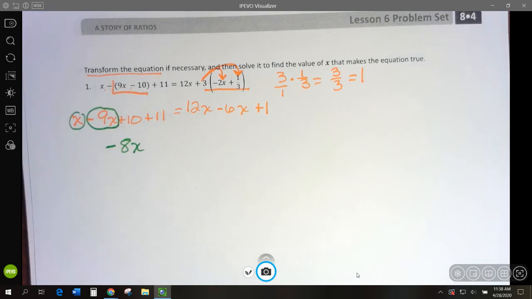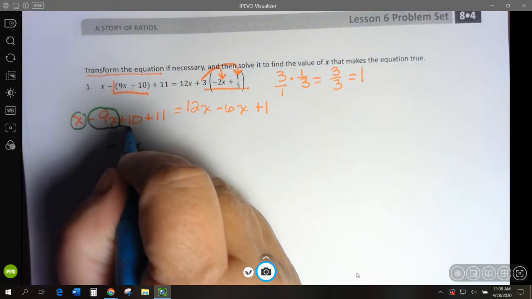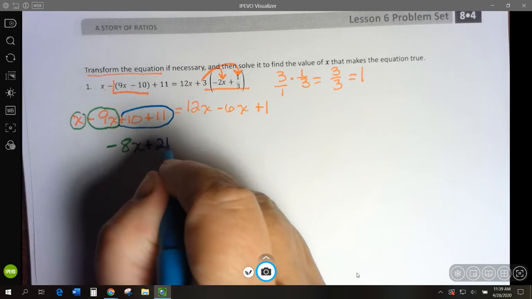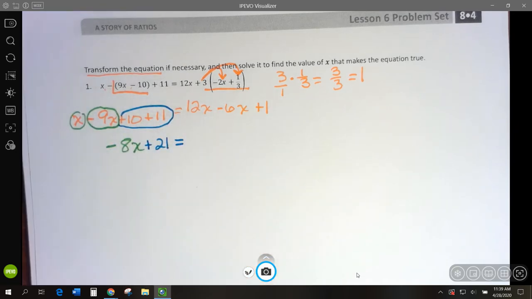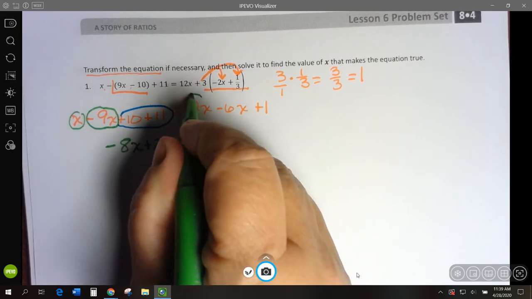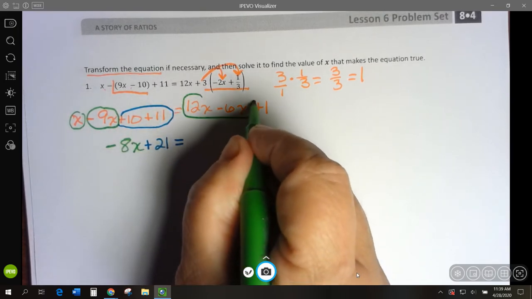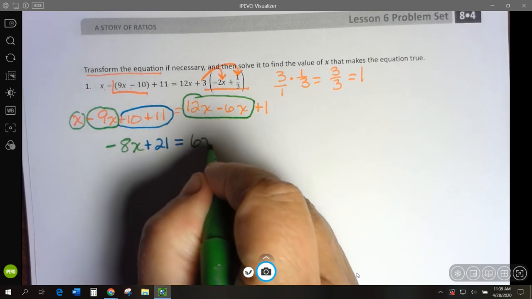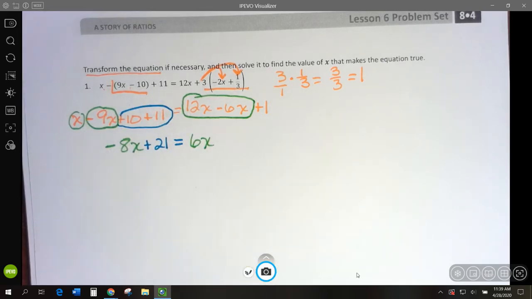And we have a positive 10 and a positive 11 here. So that would be a positive 21. That's all going to equal, we have a positive 12x and a negative 6x. So that is going to be 6x. And then we can bring down our plus 1.